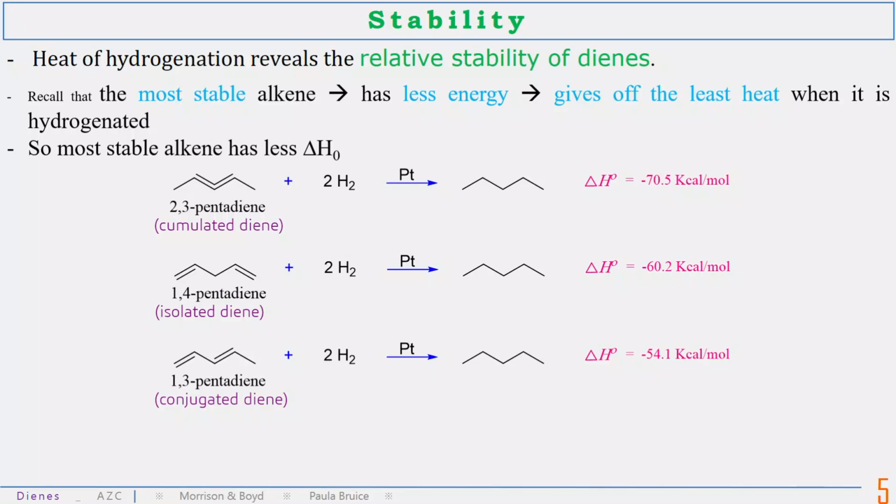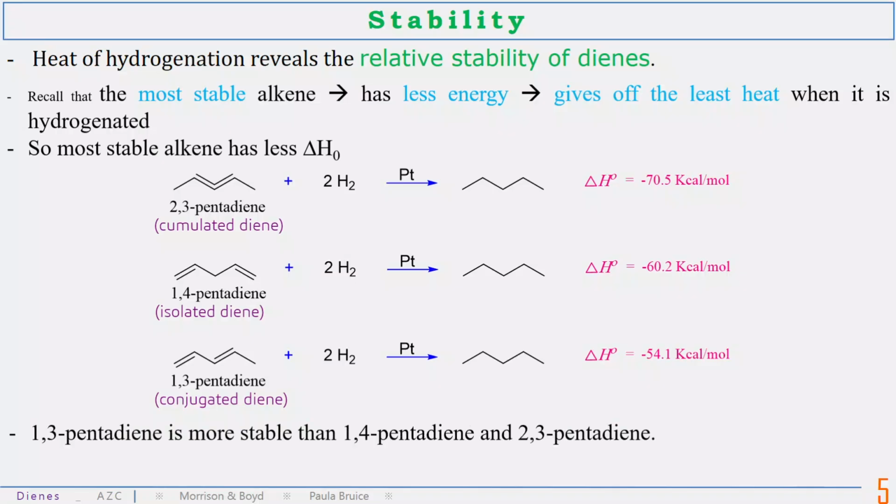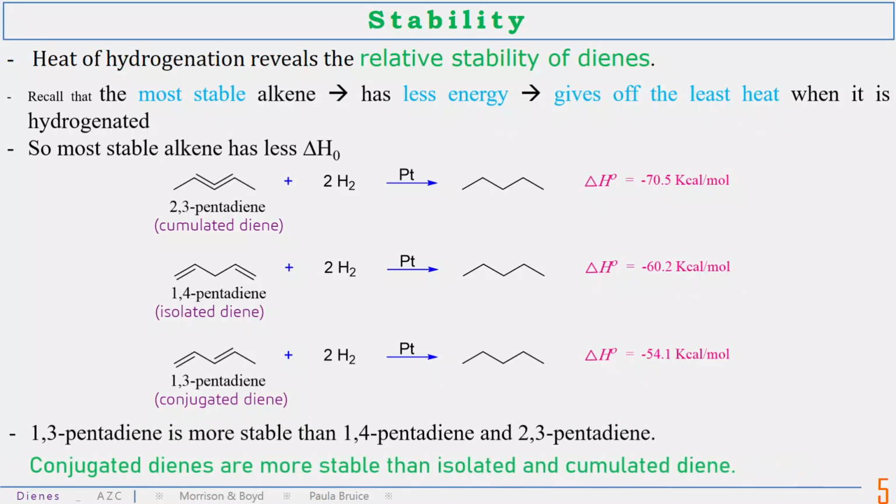However, different types of diene give different heat of hydrogenation values. When we look at heat of hydrogenation values, least heat is released by 1,3-pentadiene, which is the example of conjugated diene. That means 1,3-pentadiene is more stable than 1,4-pentadiene and 2,3-pentadiene.